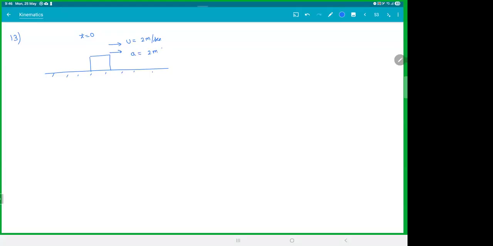Acceleration is 2 meters per second square. Find time when s is equal to 20 meters. S is the displacement.